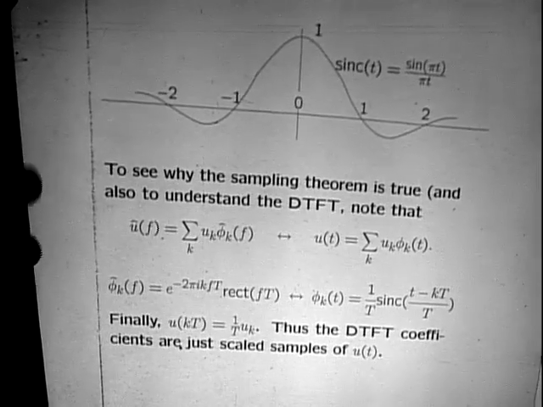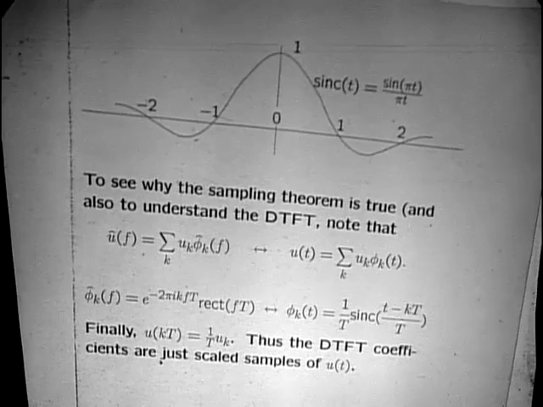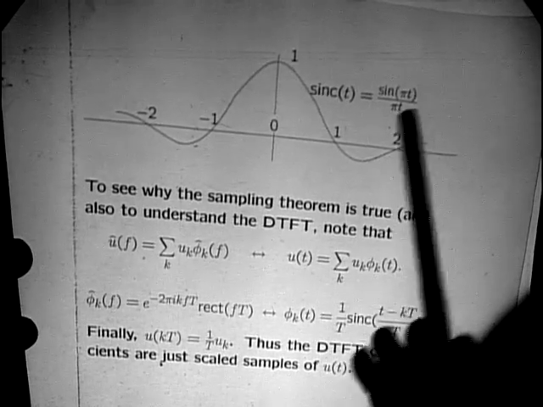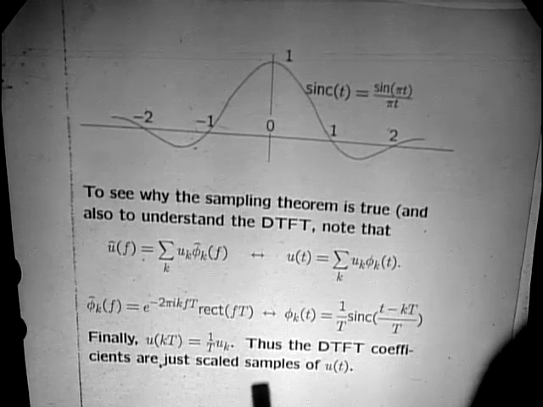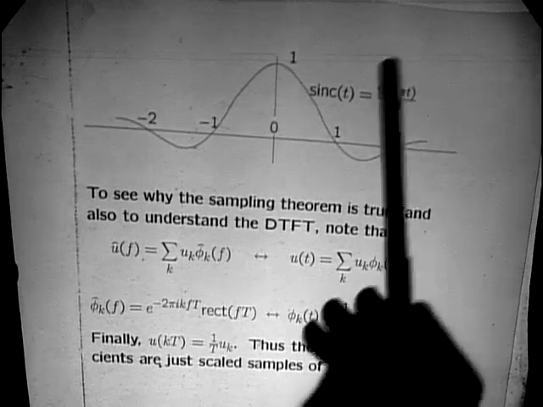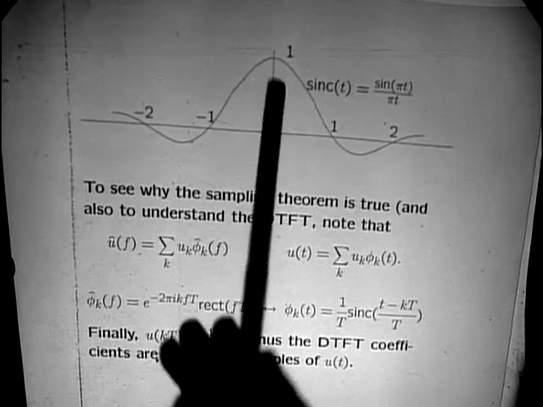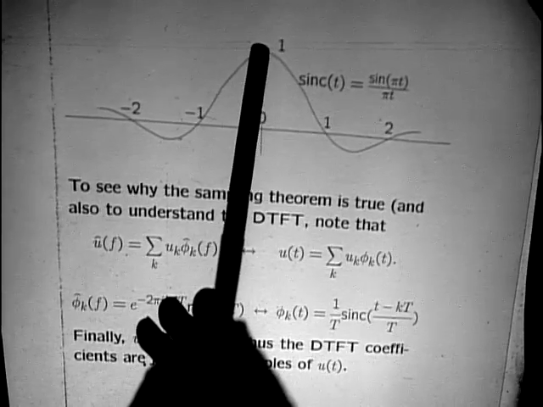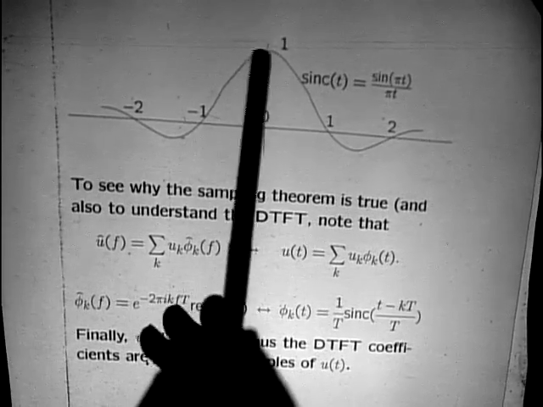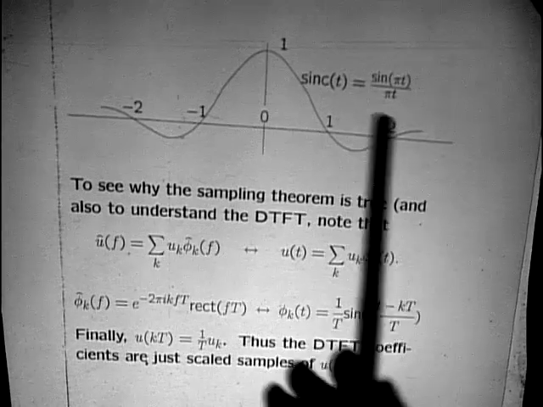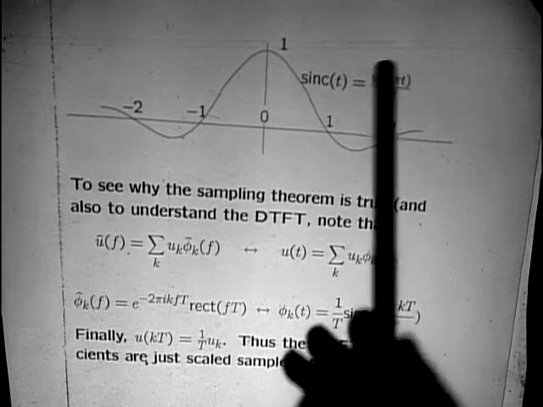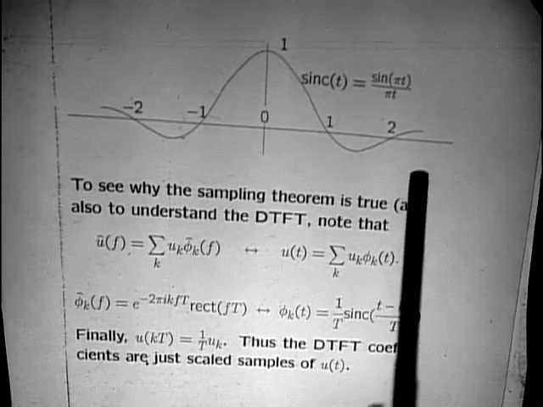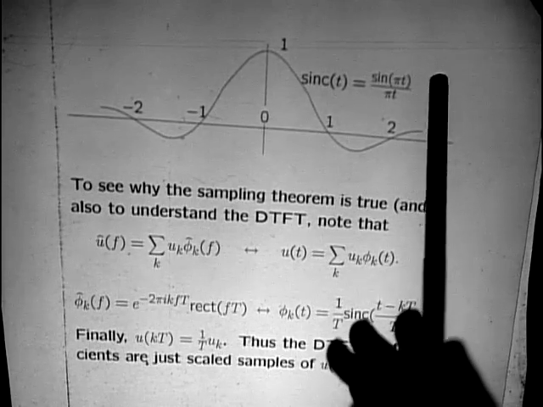Let's see why that's true. Here's the sinc function here. The important thing about sinc t, sine pi t over pi t, which you can see by just looking at the sine function, is it has the value 1 when t is equal to 0. To get that value 1, you really have to go through a limiting operation here to think of sine pi t when t is very small as being approximately equal to pi t.